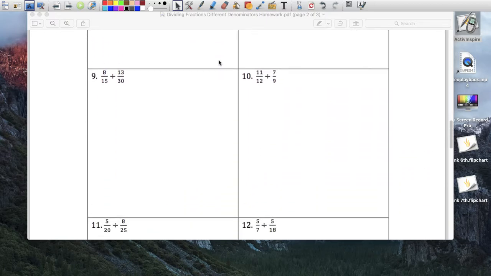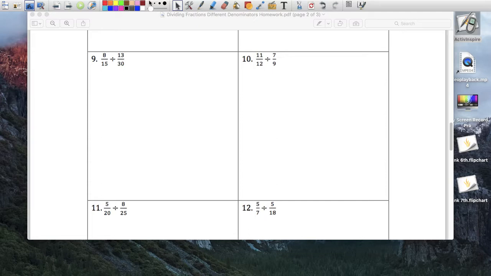Let's do this one. So the LCM of 15 and 30 is 30. Okay, I'll do it over here just in case you need it. 5 works 3 times, 5 works 6 times.